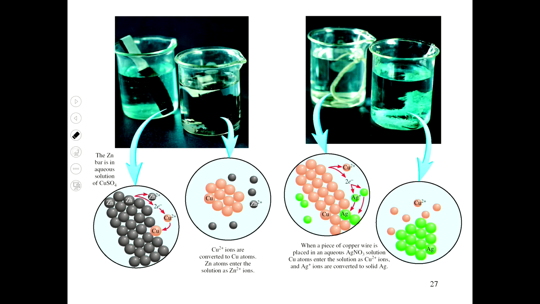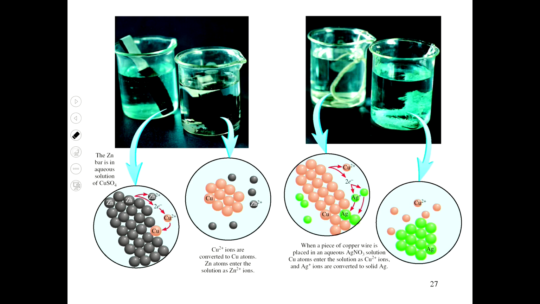Okay. So this is another example. It means this is a copper bar, but it is put in the silver solution. So the electrons will be transferred from copper to silver. So the copper becomes copper ion.